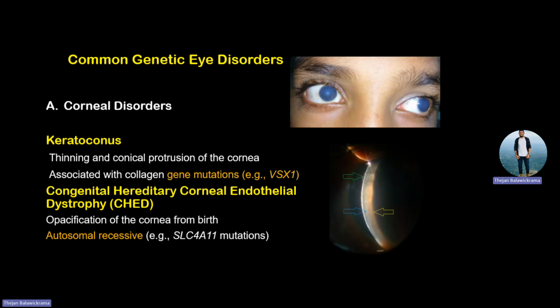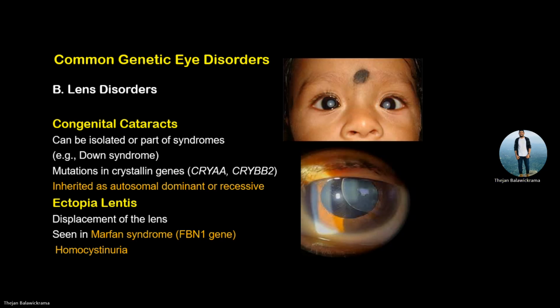Then we come to another thing, the lens. You can be born with a cataract. They are called congenital cataracts. Congenital cataracts are common, as I said, in Down syndrome, and can be inherited with autosomal dominance. And then ectopia lentis. The lens, you know, is held with zonules. That is the iris on the side, and then you have the ciliary body like this, and the lens is like that, and these are the zonules.